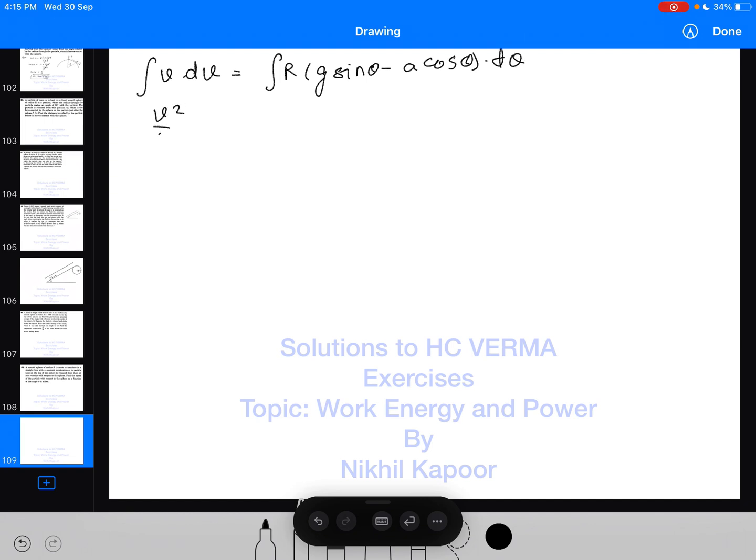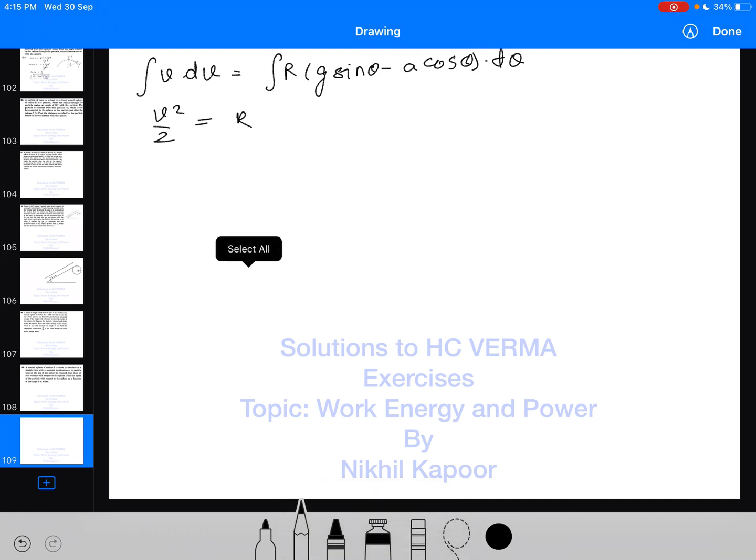So v square by 2 is equal to r as it is, and in bracket g is constant, the integration of sin theta is minus cos theta, minus a into the integration of cos theta, which is sin theta, plus the integration constant c.